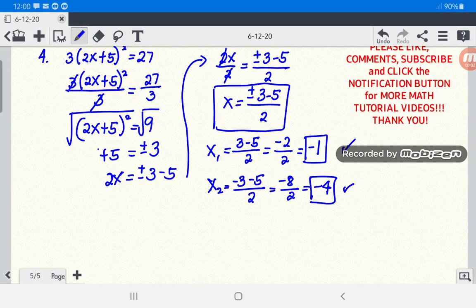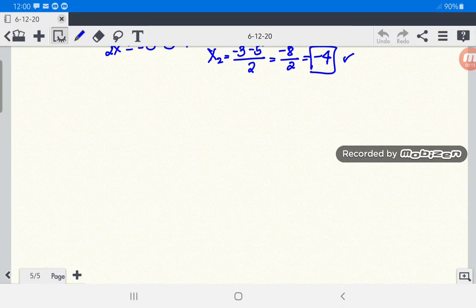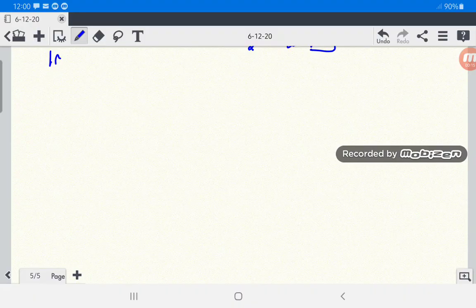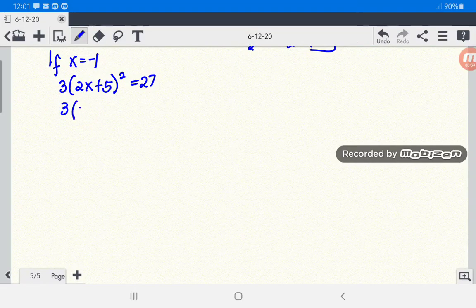To check if the values of x are correct, we're going to check. If x is equal to negative 1, using the original equation, we have 3 times 2x plus 5 squared equals 27. Substitute, we have 3 times 2 times the value of x, negative 1, plus 5.